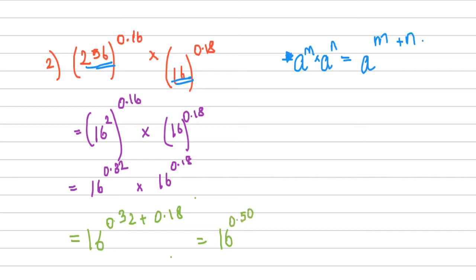Here again, you can do one more thing. How can you represent 0.5 as a fraction? It is half, right? Even if you cannot figure it out directly, you can follow one method: 0.5 can be written as 5 divided by 10, and 5 by 10 can be simplified as 1 over 2.